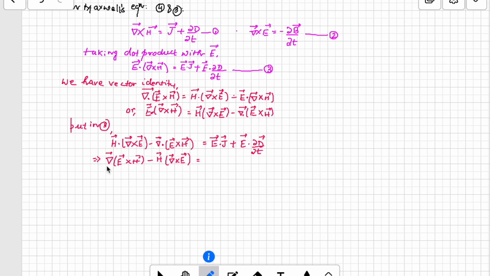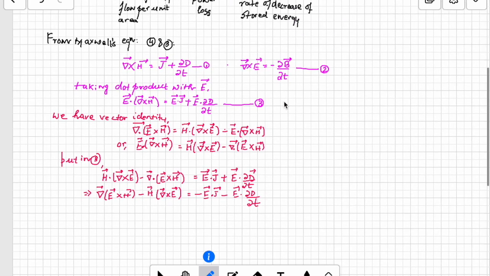We are interested in finding out the surface integral of this. So we're taking it on one side, and then we have minus E bar dot J bar minus E bar dot del D by del T.